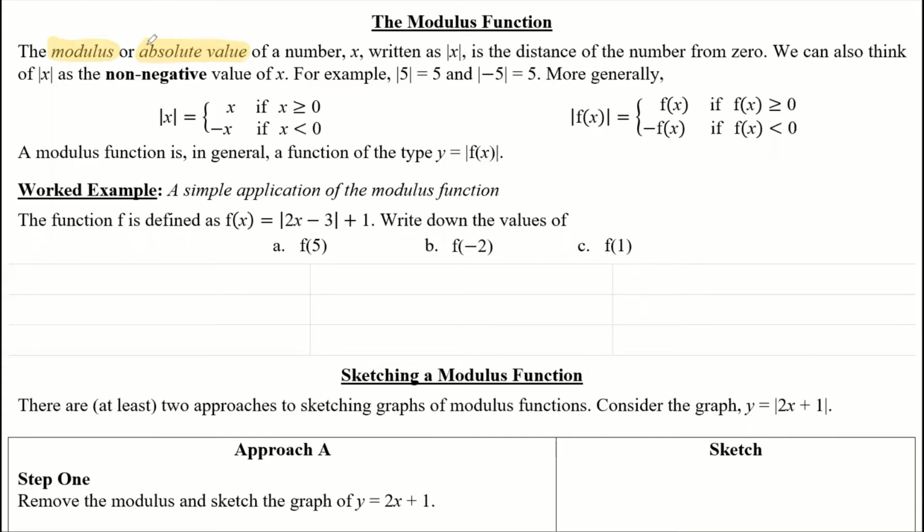Okay, that denotes the modulus or absolute value, and this is the distance of the number from 0. More simply, I think it's the non-negative value of x. So it's x with any negative sign stripped away.